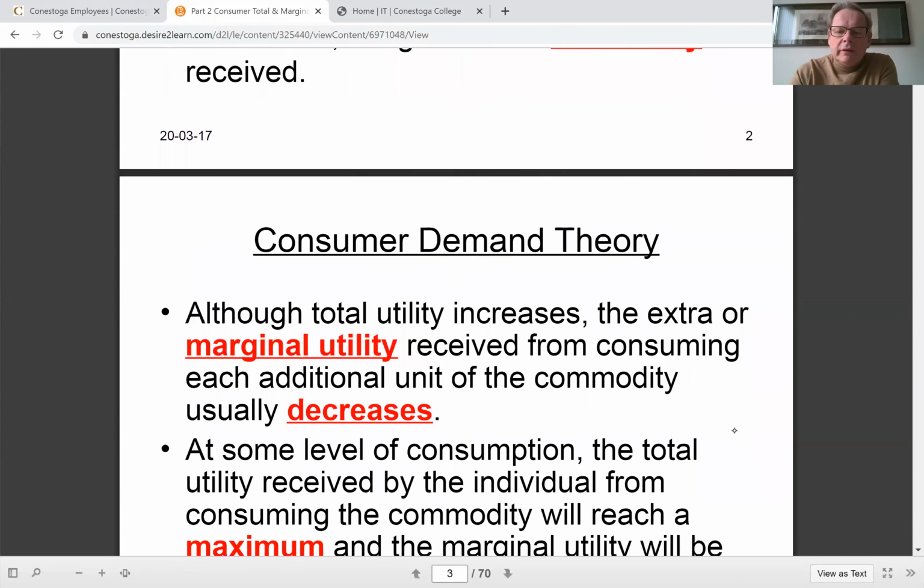The extra utility that we receive is called the marginal utility. That causes our total utility to increase, but the more items that we consume, the less the marginal utility will be. So the total utility increases at a decreasing rate, which means the marginal utility will decrease the more items that we consume.